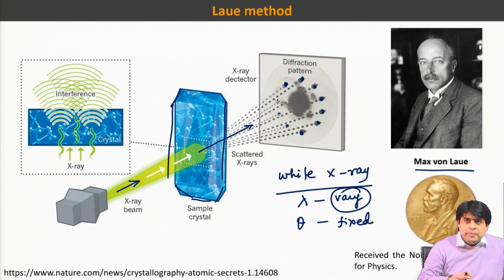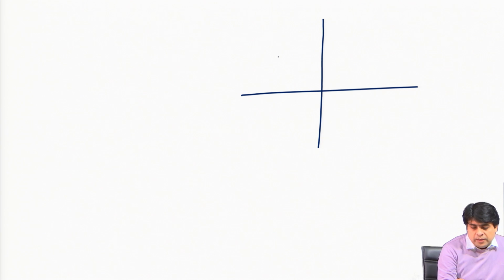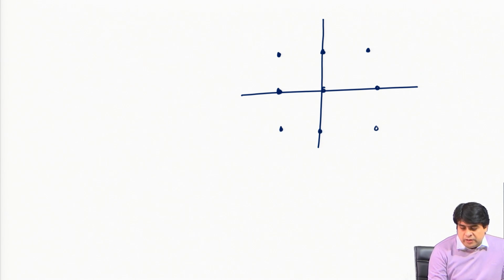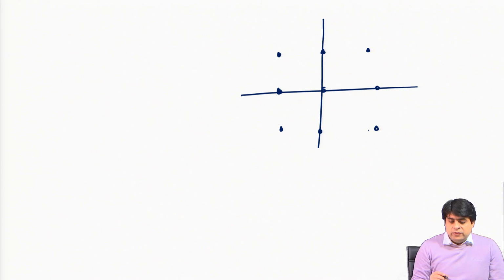So, from the Laue method you can determine the symmetry of the material, but you can't say what kind of crystal structure it has. You can only predict the symmetry element. For example, if your material has this kind of spot pattern in the Laue method, and you rotate it by 45 degrees, you will not find the exact pattern.